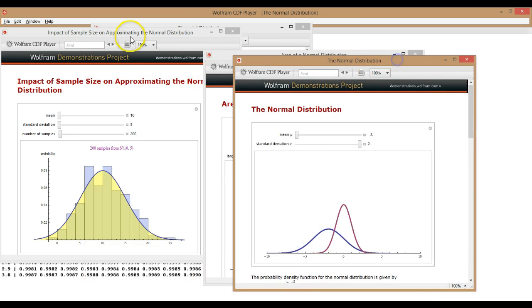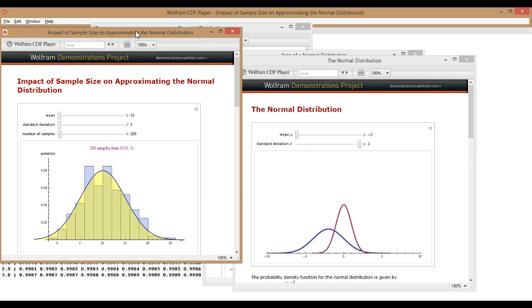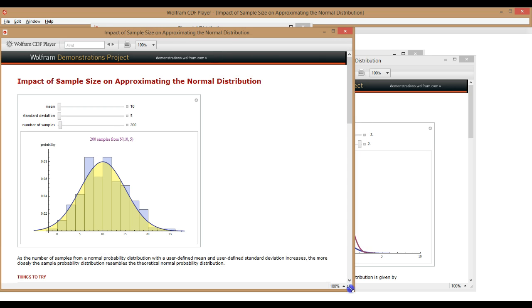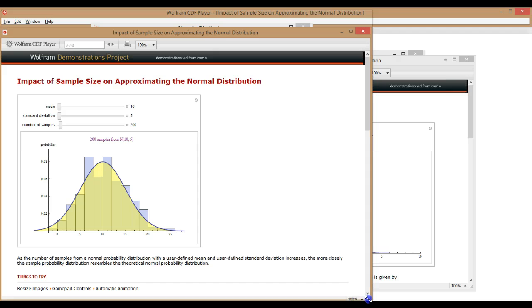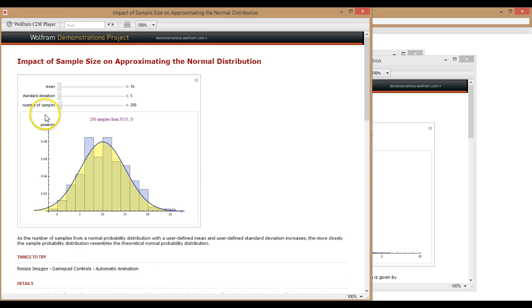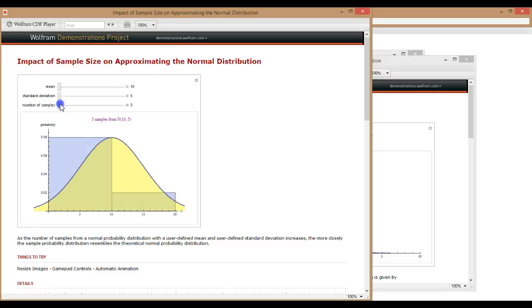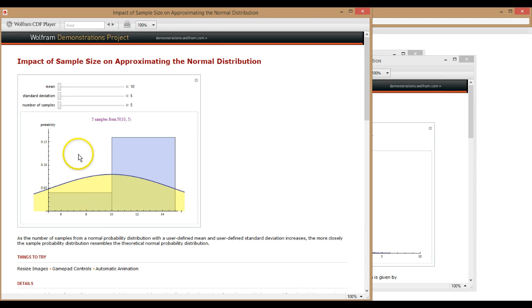That was that, and another simulation. We're going to talk about this later on, but I mentioned before that if the sample size increases, it's going to look more like normal. So this is when there are 5 samples, and you see the histogram over here, and that's nothing like a normal distribution.